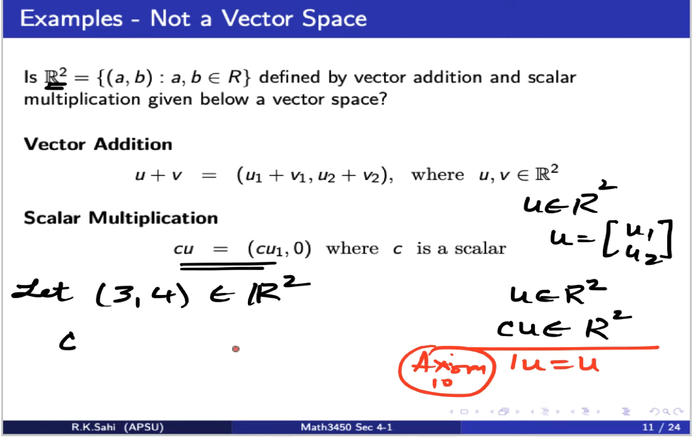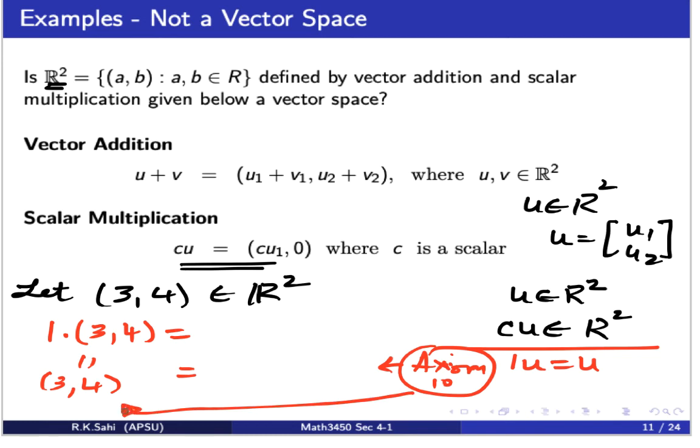Let's look at this one. Here I'm going to apply axiom 10. So 1 times the vector (3, 4) should look like the vector U, that is, it should look like (3, 4) according to axiom 10.